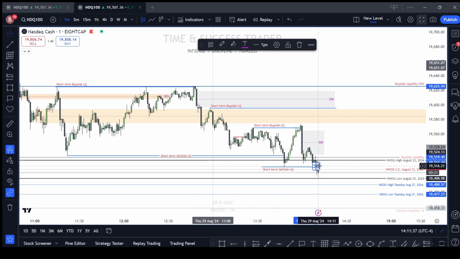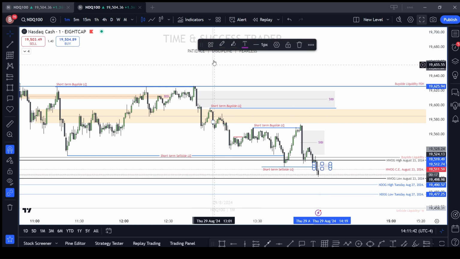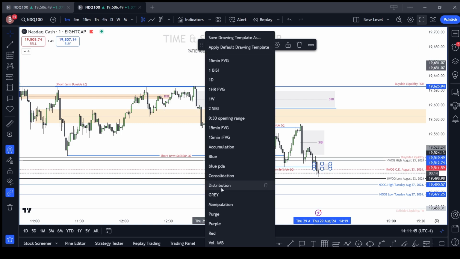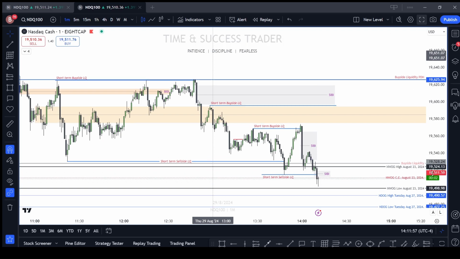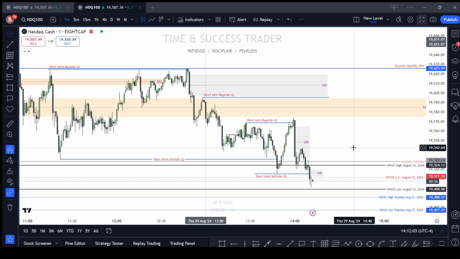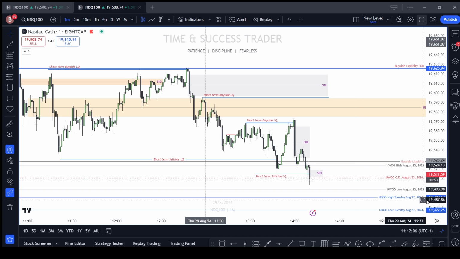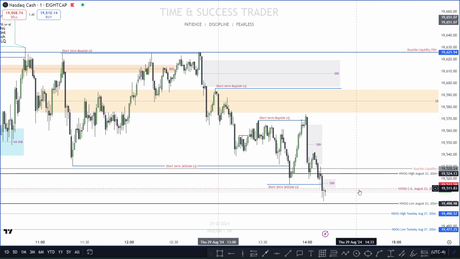We want to see this CB that was created here be disrespected if we are going to be looking to trade higher prices. Also, zooming in on our focus to the consequent encroachment of the new week opening gap.